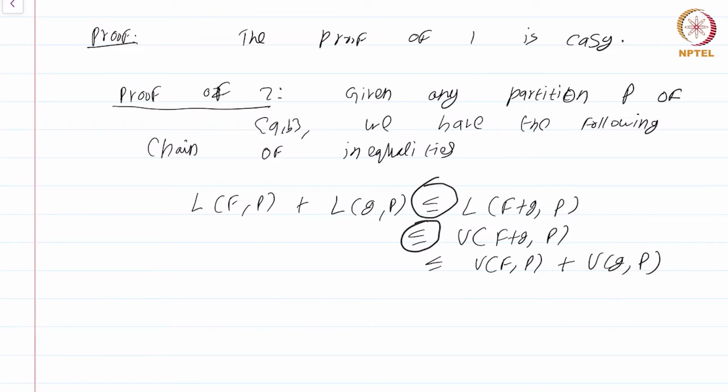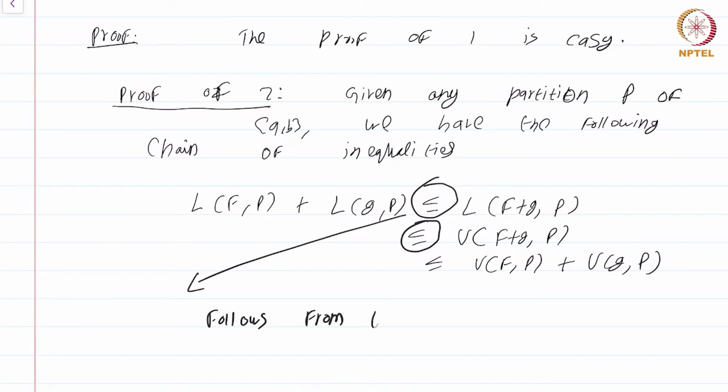In each one of these partitions, we are going to take the summation of small m_i delta x_i. Now, when you take the minima of the functions f and g, then in general, the minimum of f plus g will be greater than or equal to the minimum of f plus the minimum of g.